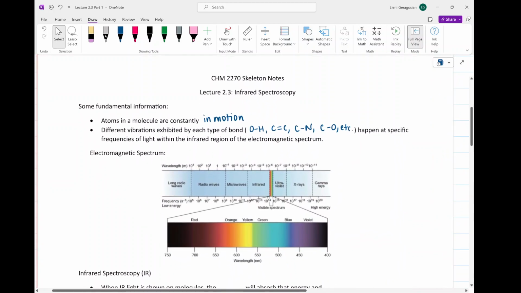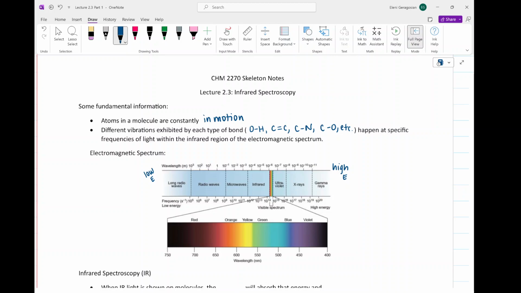So your electromagnetic spectrum is shown here. This is all the different types of light, of energy. Lower energy is on the left. High energy is on the right in this spectrum here. Sometimes if you look it up, you'll see those flipped.